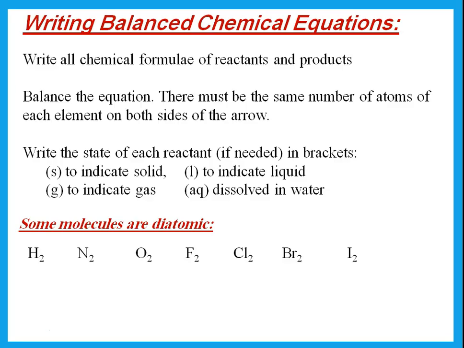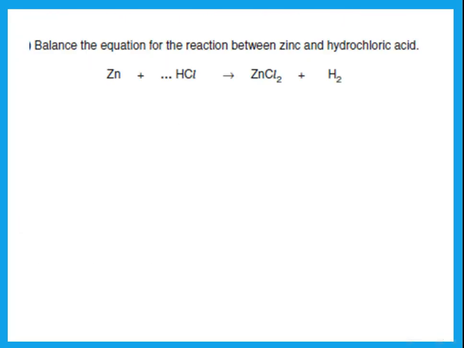If you look at your periodic table, it's hydrogen, and then NOF, and everything under the F. Diatomic means when you write them in the formula, they have to be with a 2 below them, because the molecule is made up of 2 atoms.